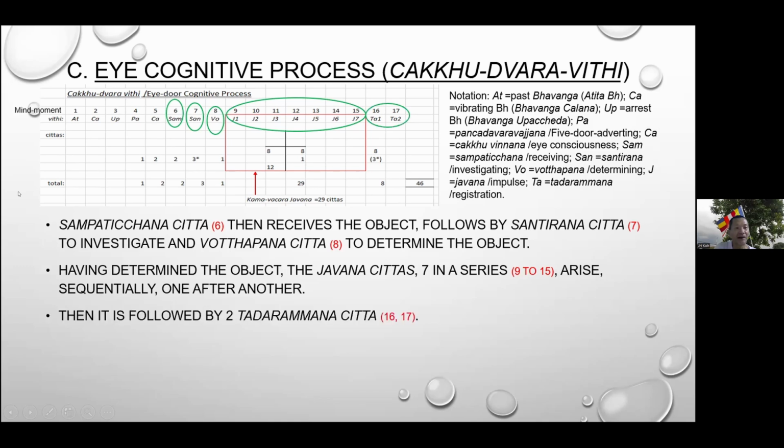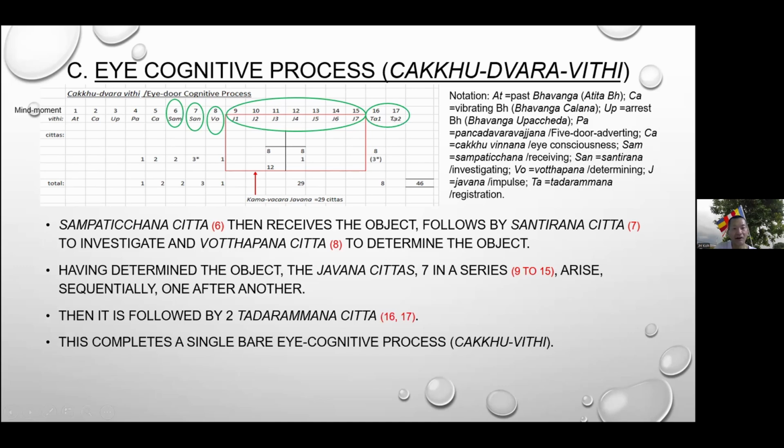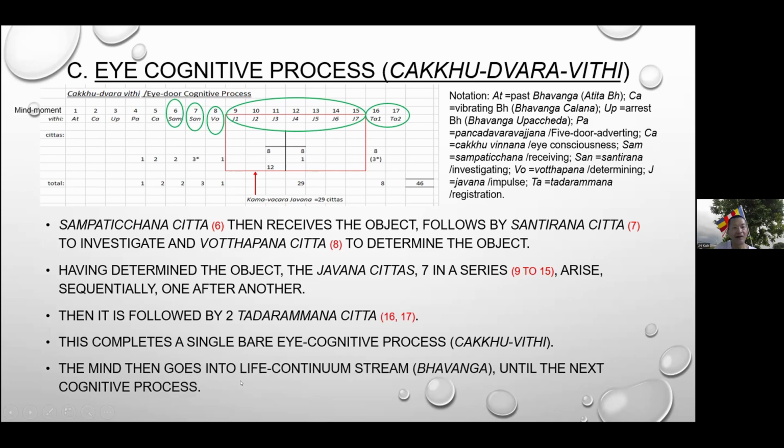And this is followed by the Tadarammana, or registration consciousness, which is 16 and 17. This completes a single bare eye cognitive process, Cakkhu-Vithi. Then the mind will go into the life continuum stream again, bhavanga, until the next cognitive process is triggered.